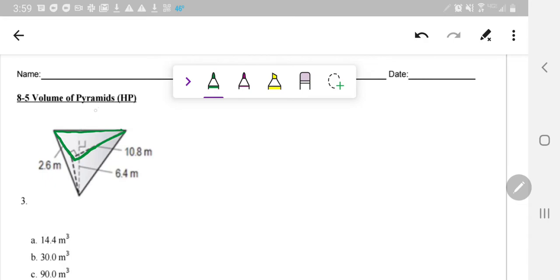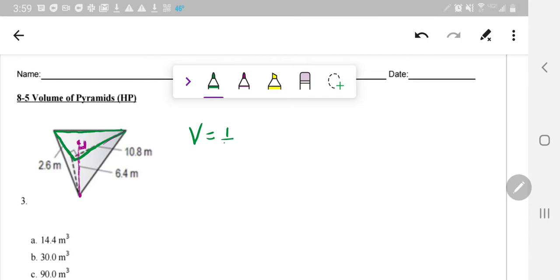It's a triangular pyramid because the base is a triangle, but I see this height here on the inside of the shape meets right there with that triangle that I outlined in green, and it has that right angle. So that's how I determine where the base is in this shape. It's this height that goes up to the top, and it gives me 2 dimensions of it. But now we're ready to get started.